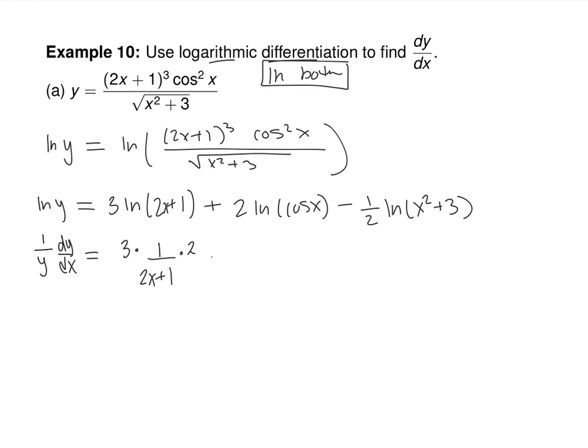Okay, plus 2 times 1 over cosine x times what from the chain rule on that guy? Negative sine. And then minus a half times 1 over x squared plus 3 times what from the chain rule? 2x. Great.